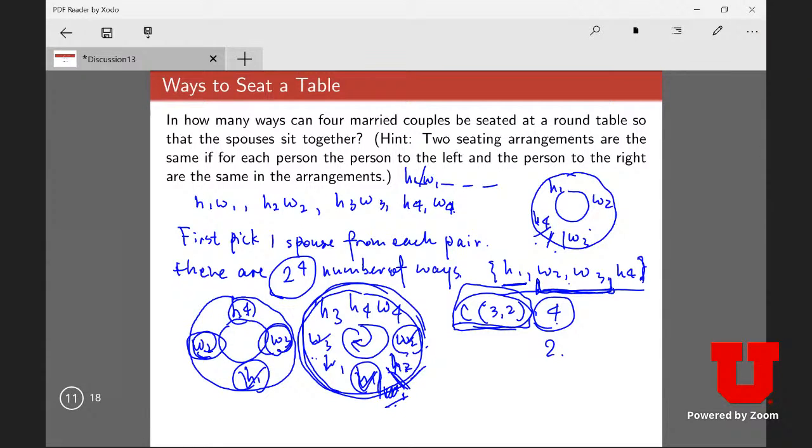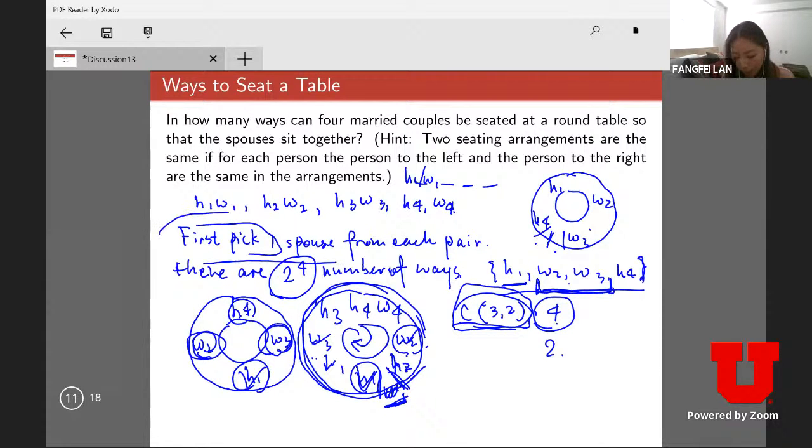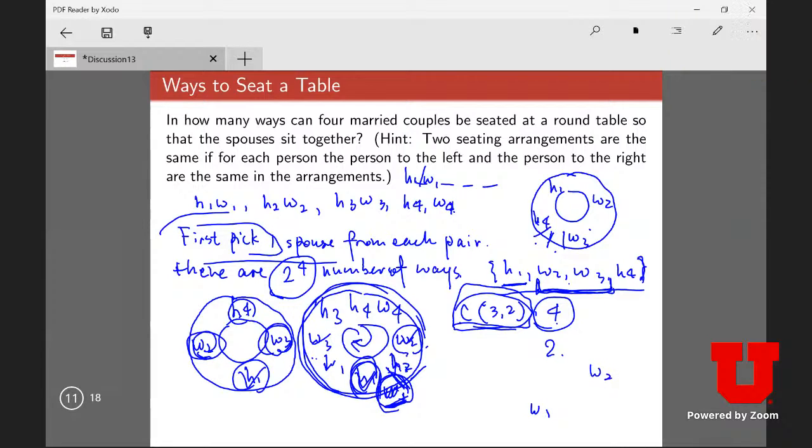Because we already counted picking each spouse from each pair. Exactly. So this is the same thing as picking, like in the first step of picking one from each spouse, we picked W1 instead of H1. Imagine if in the first step we picked W1, W2, H4, and then W3.